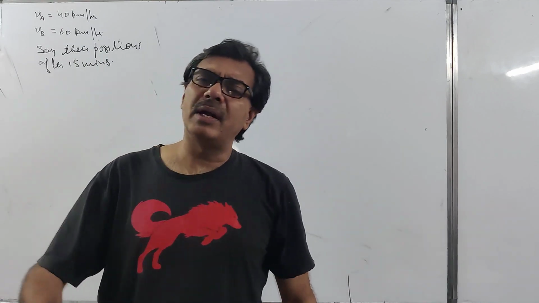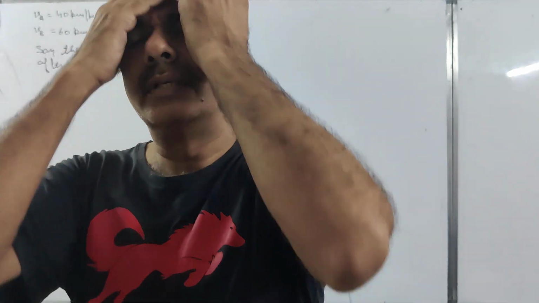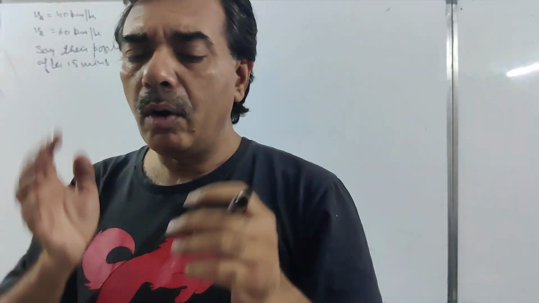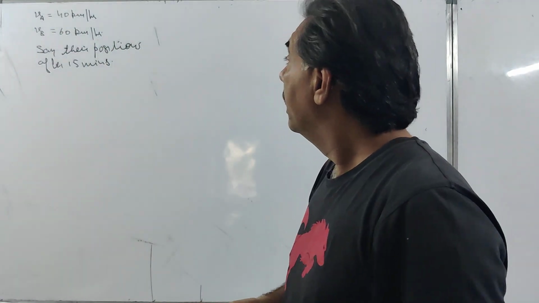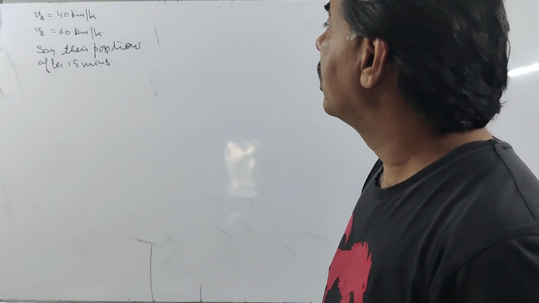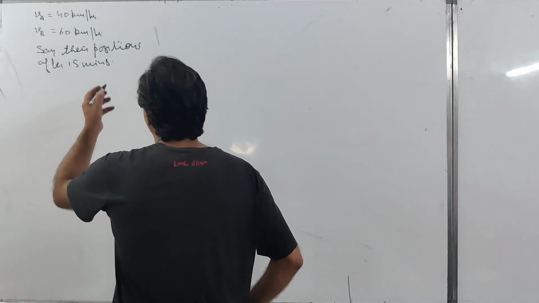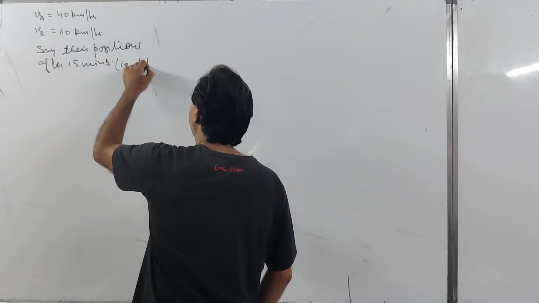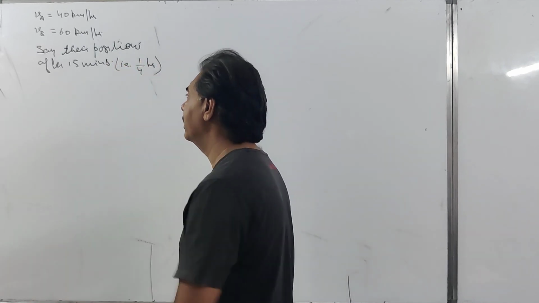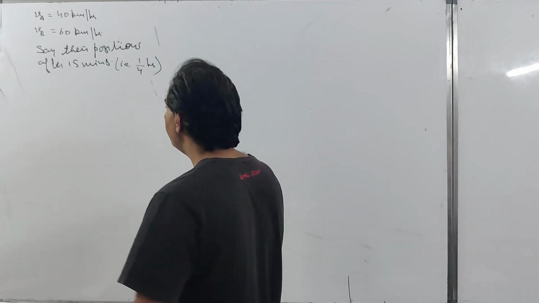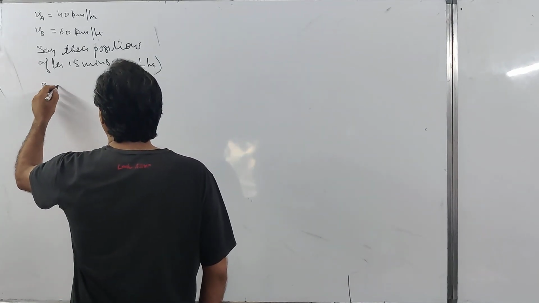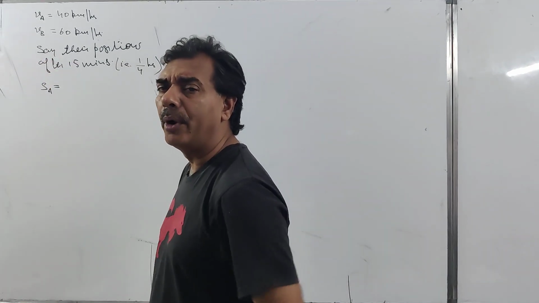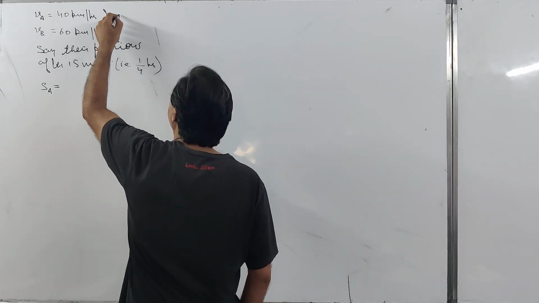Such a question can be done directly and can also be done by relative speeds. How? A is moving at the rate of 40 kilometers per hour. 15 minutes, that is 15 by 60, 1 by 4 hour. They start from the same point.